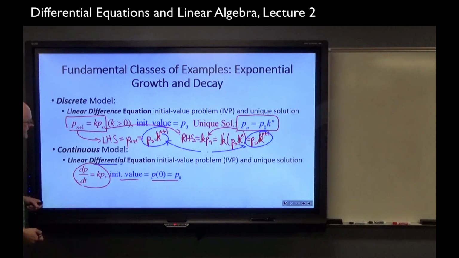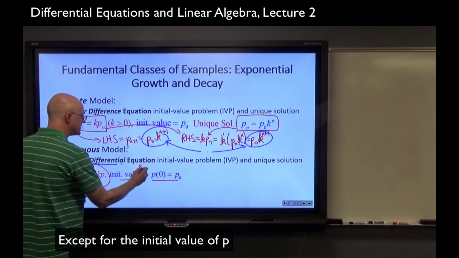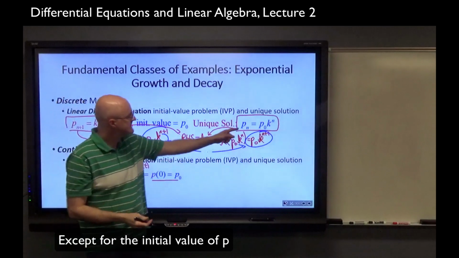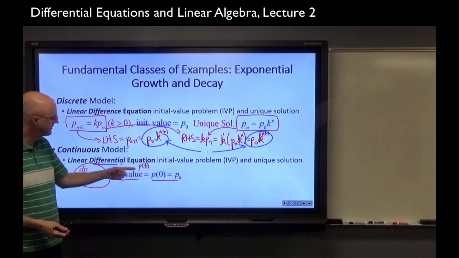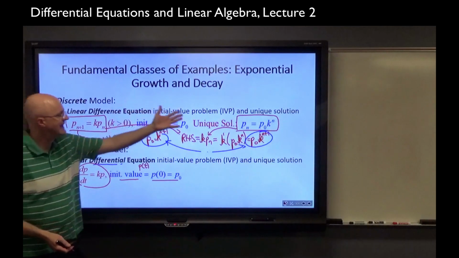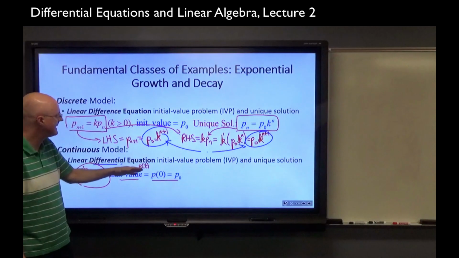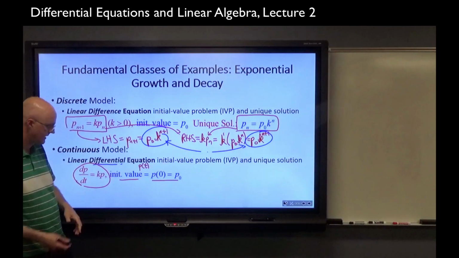You don't put subscripts on these p's. We're thinking of p as a function of t with ordinary function notation, p of t. The n up here is the input for this discrete function. The t right there is the input for this continuous function. I'm thinking of n as being a non-negative integer, 0, 1, 2, 3, etc. I'm thinking of t as being a real number greater than or equal to 0.